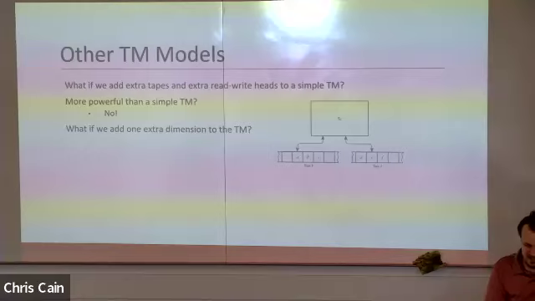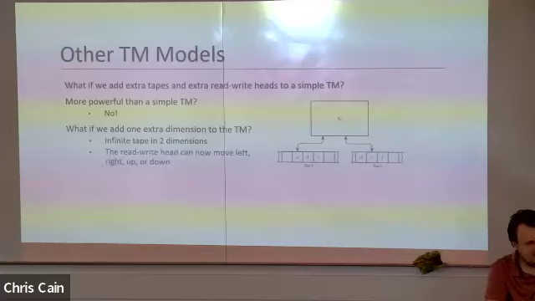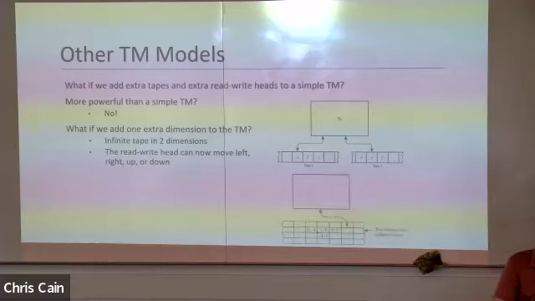Now we're going to add an extra dimension to the Turing machine. Rather than having a one-dimensional tape, we are going to have a two-dimensional tape. So now the read-write head, instead of just moving left or right, can move left, right, up, or down across this infinite matrix.